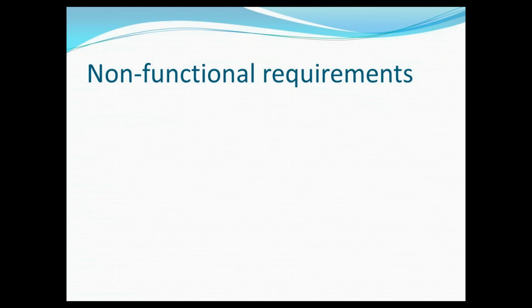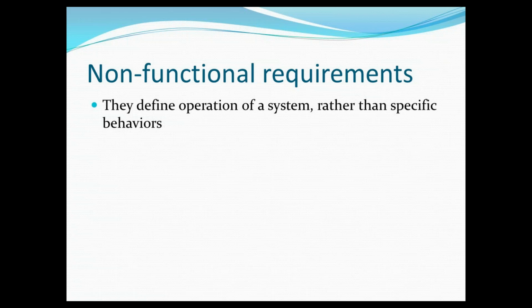You will just get these requirements. I'm using the example of Netflix or any app. These non-functional requirements will be communicated to you by the networks team or whatever. You work with them, you document them, and that's it. They define the operation of the system rather than the behavior, rather than the actual functionality.